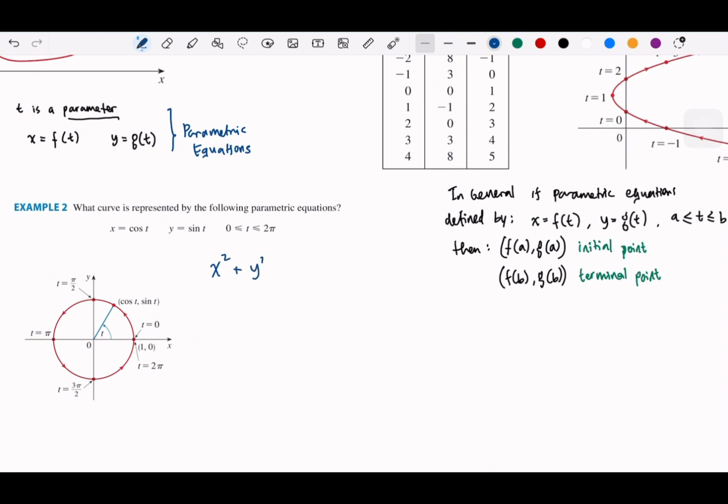If we take x squared plus y squared, this will be equal to cosine t squared plus sine t squared. This is related to what we have here: cosine squared plus sine squared is equal to 1. So this will be 1. In the Cartesian, this is a circle with radius 1, which fits perfectly with our picture here. So this is radius 1.